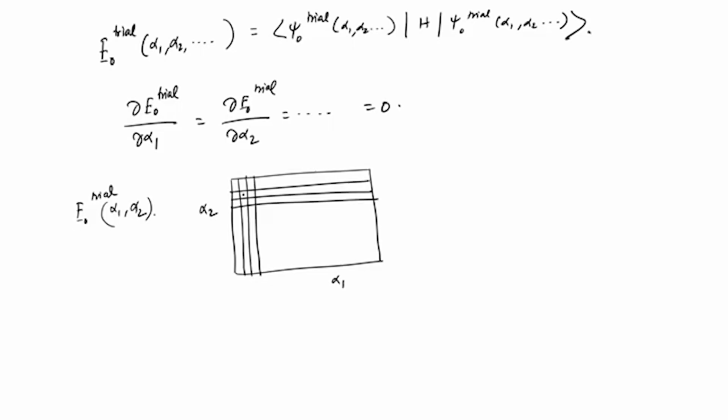This is a huge computational task, and you need to make the grids finer and finer in order to get alpha 1, alpha 2 values that really minimize E0 trial. If you do not do that, then alpha 1 and alpha 2 are a little far away from where E0 is truly a minimum. That defeats the purpose, and the corresponding psi 0 trial would not be a good wave function to give you the tightest bound to the ground state energy.